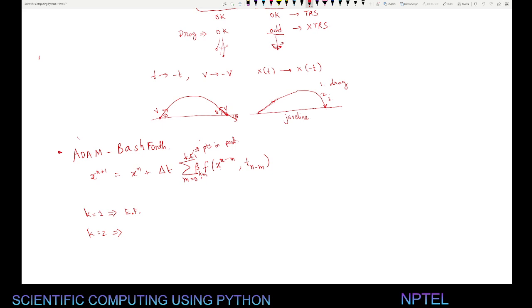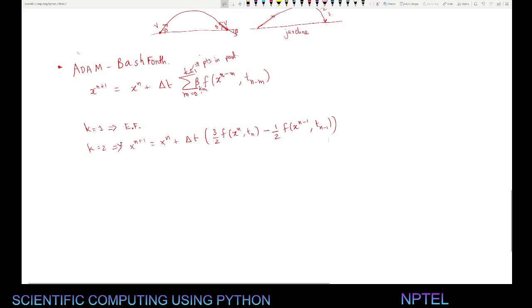For k equal to 2, we can write explicitly 3/2 times f at that value and minus half times f at the value in the past. The more k you have, the better your approximation will be. That's how these betas are determined, to get the best matching with the function. So you match it with the Taylor expansion and see how far you can go.